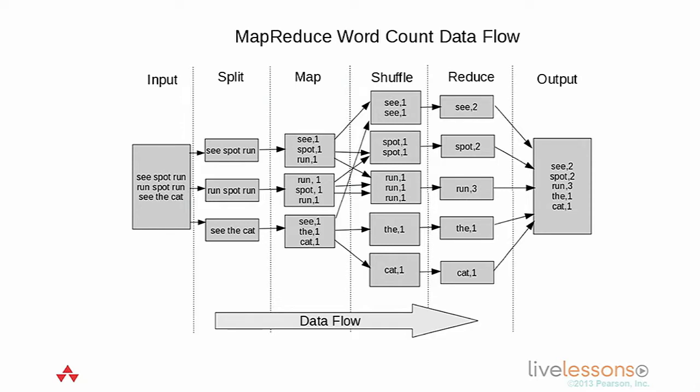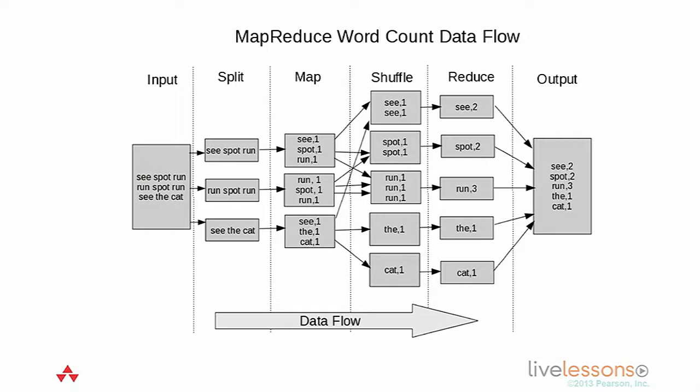At this point, once the data have been shuffled, they can move into the reduce step, and basically the reduce step is going to sum all the similar key valued instances. So in this case, we're going to count the words in the reduce, so we see see 2, spot 2, run 3, the 1, and cat 1. So it's obviously a trivial example. And then finally, we combine the output.